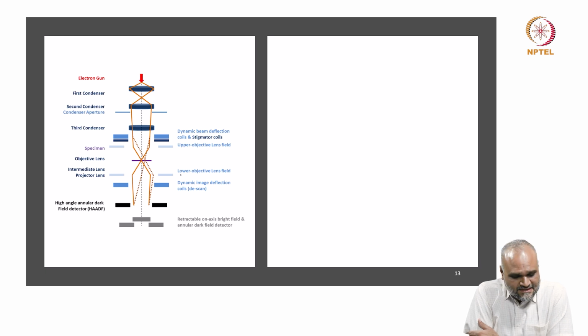Remember, the construction of a lens, which we will see in some time, is made out of a very good conductor, typically copper, which is wound like a coil, and this behaves like a solenoid, like I was just mentioning, and you apply fields as high as 2 Tesla. Because you have fast moving electrons here, to confine them into a path along the optic axis of the microscope, and for various functionalities, we largely use electromagnetic lenses.